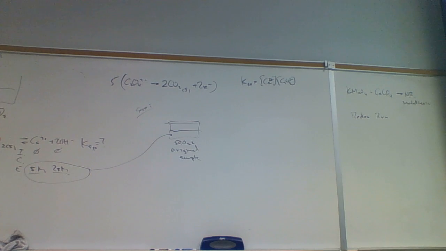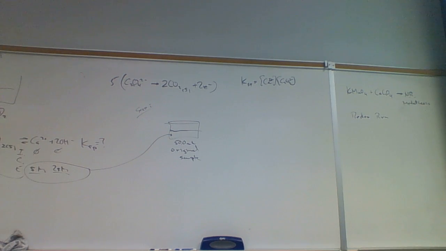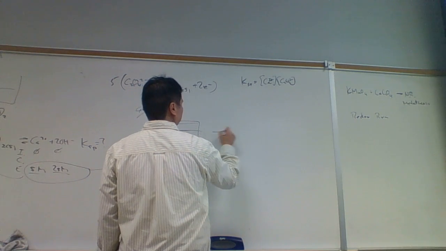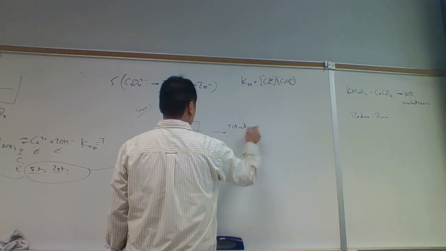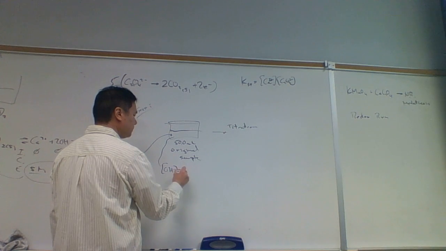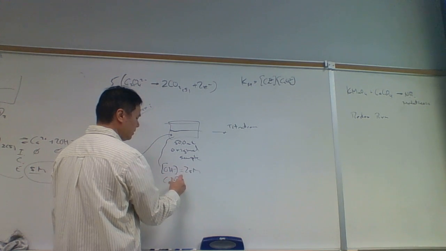So this is saturated, maybe there's 300 milliliters, you take 50 milliliters of that. Then they're going to do a titration to analyze the concentration of hydroxide here. The concentration of hydroxide is 2S molar and the concentration of calcium is S molar.